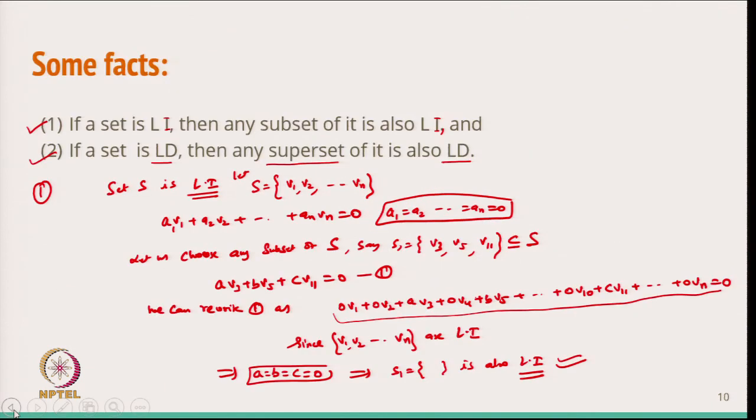In the other case, if S is linearly independent, then I can choose any subset of it, and it is also linearly independent. So, one is taking the superset and then finding the subset, and the other is taking the small one and finding the superset of that. This is the way we can define these two facts.